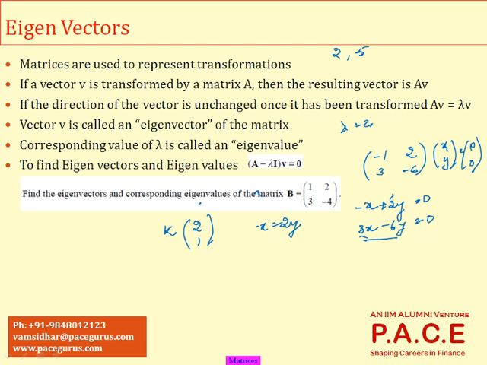So any vector of the form (2, 1), where x is double y, is an eigenvector for this matrix. All the multiples, like (4, 2) and (6, 3), are where we have put k. k is any scalar quantity, so these are all the possible eigenvectors.